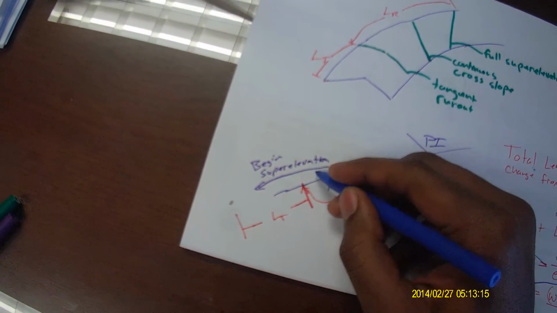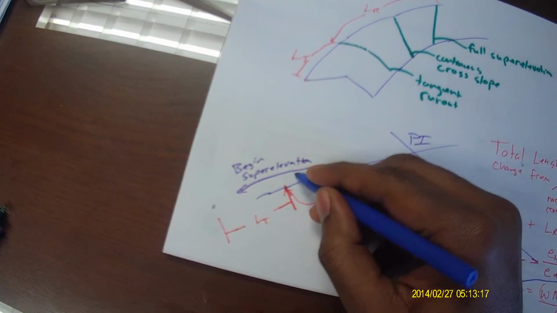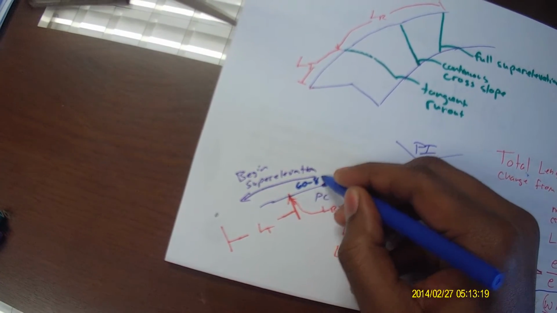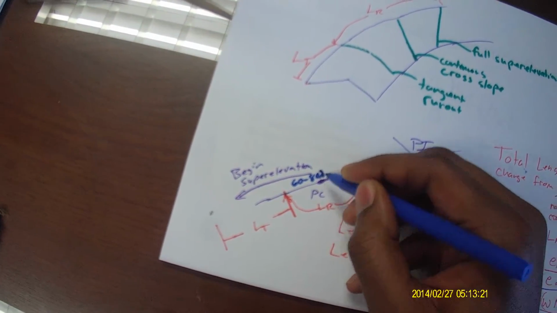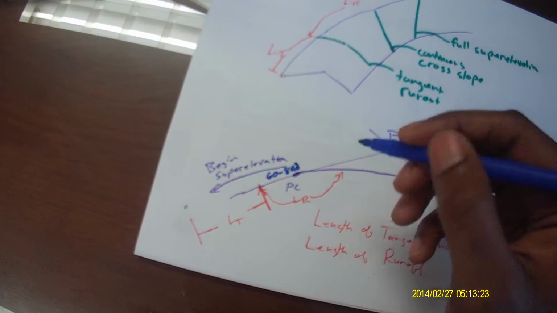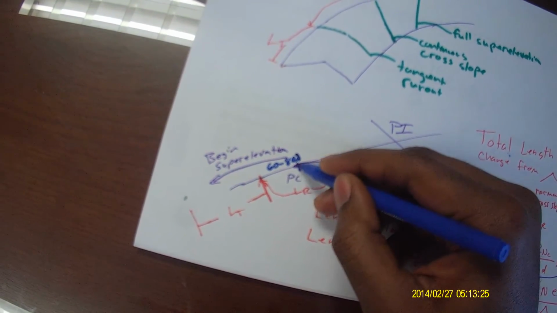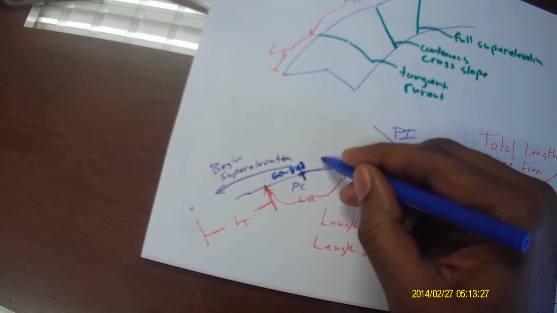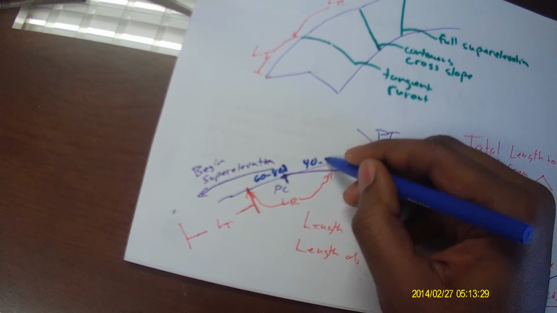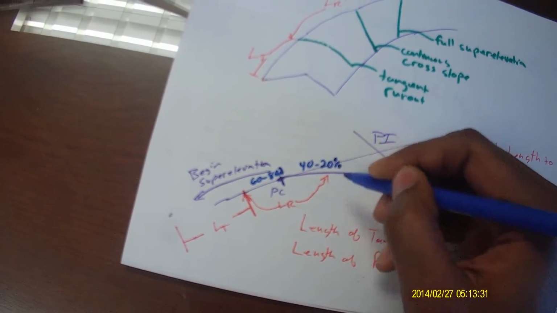Now in practice it can range anywhere from 60 to 80% before PC, and anywhere from 40 to 20% after PC.